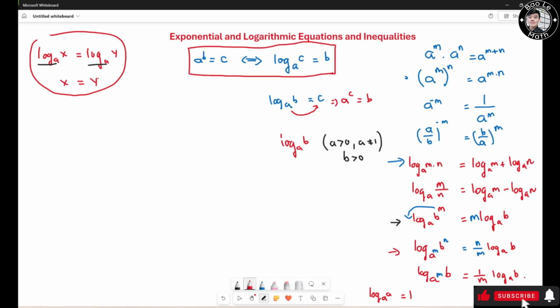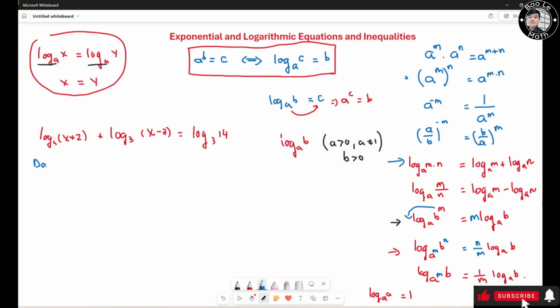Alright, so for example, we need to solve log base 3 of (s plus 2) plus log base 3 of (s minus 3) equals log base 3 of 14. Now we need to find the domain first.